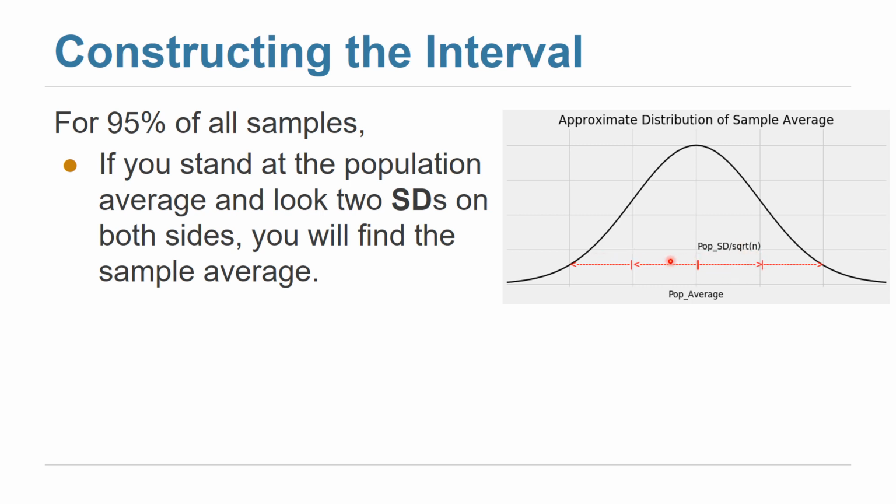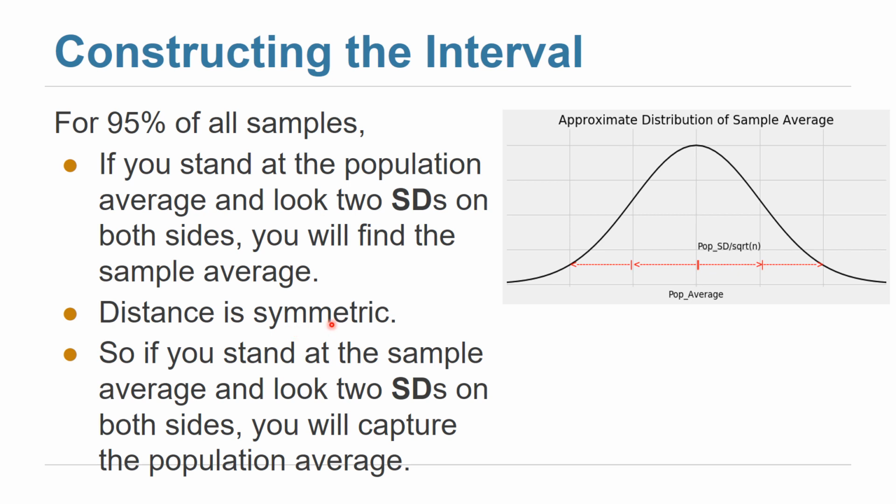Okay, that's what we explained in the previous slide, that the sample average will be within 2 standard deviations from the population average, and vice versa, because the distance is symmetric.